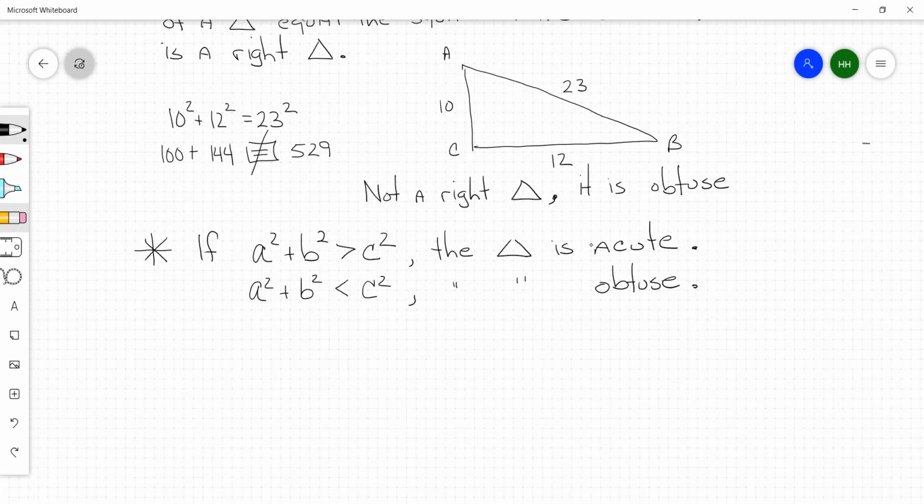And if we just said this, that if a squared plus b squared is equal to c squared, what we got here? Very good. The triangle is right.